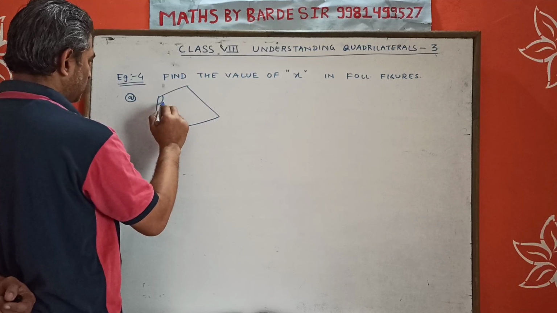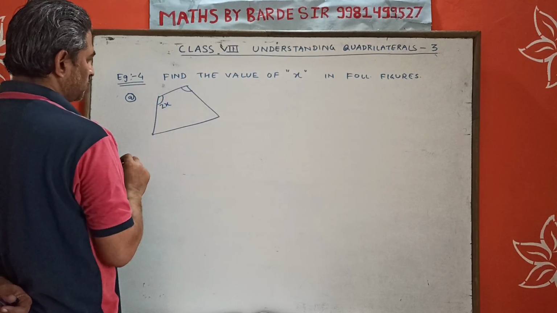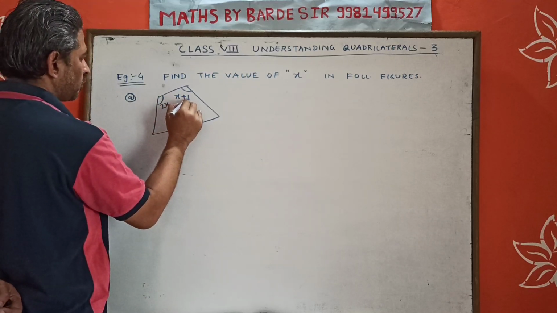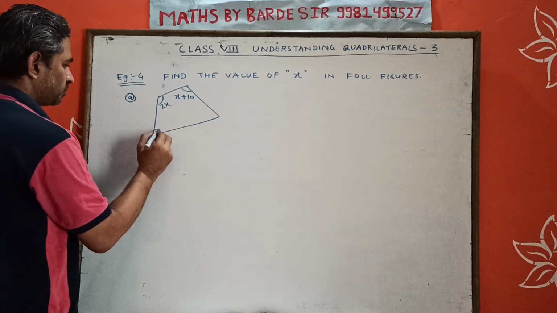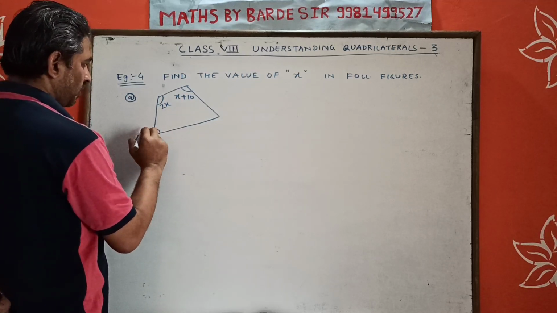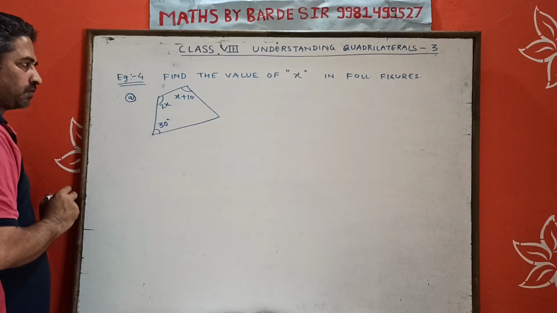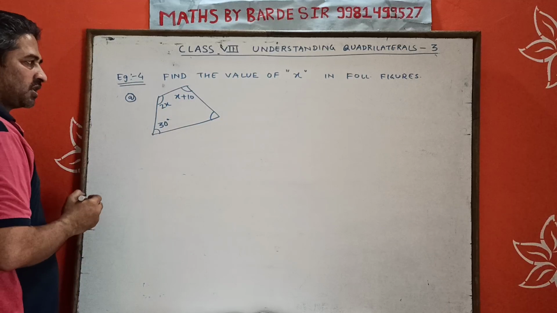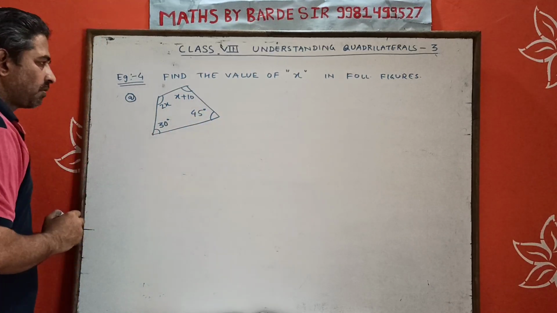This is 2x. This one is x plus 10. The other one is 30 degree. And this one is 45.